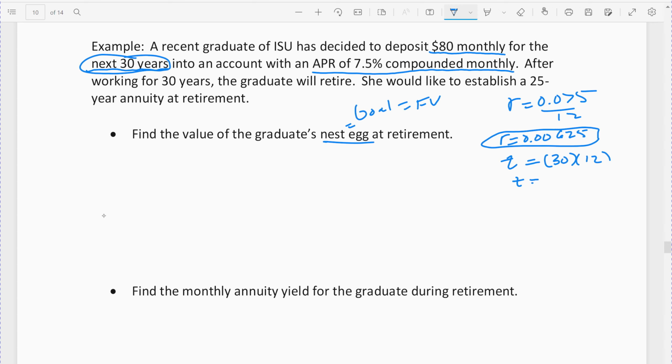So T is 360 monthly deposits. So 360 times they're going to deposit $80 into this account, earning 7.5% compounded monthly to accumulate a retirement fund, a nest egg.